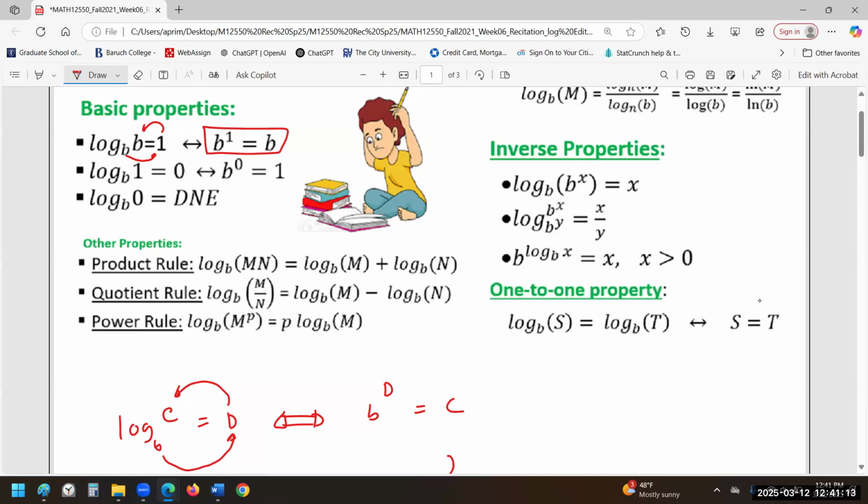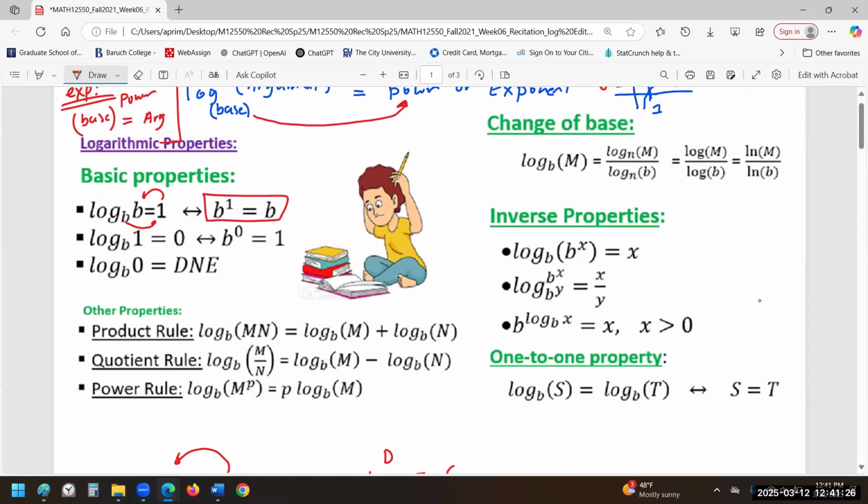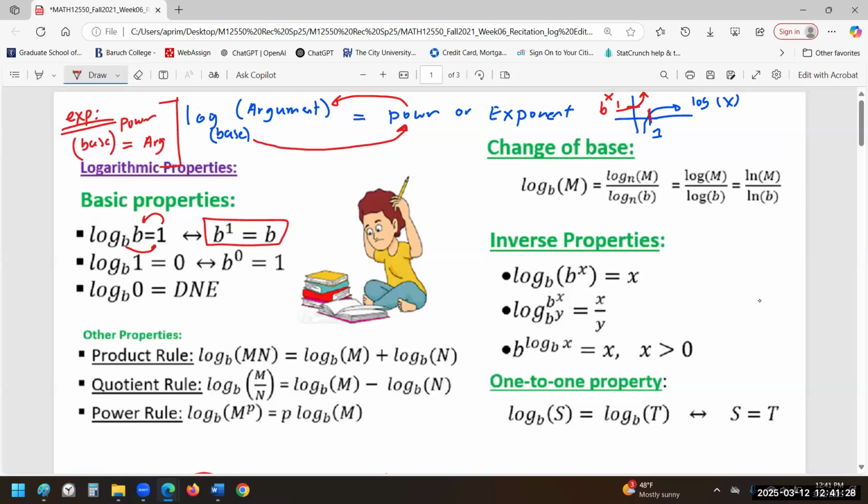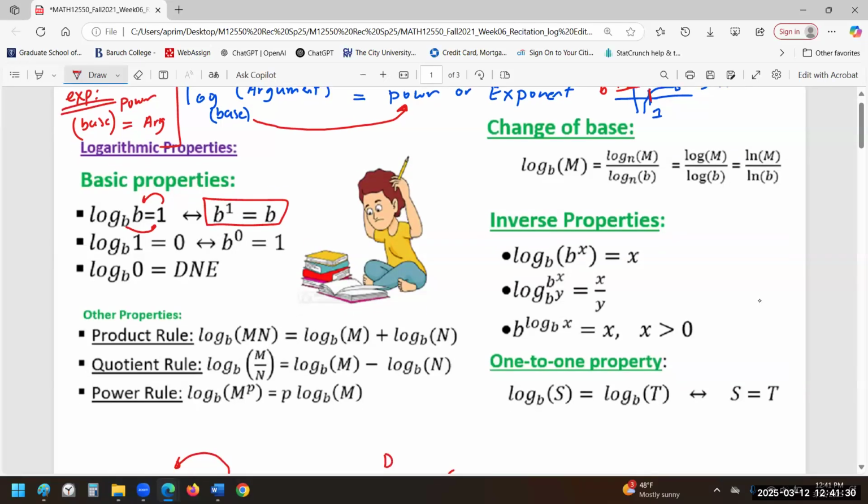And then if you have log of 1, it means your x value is 1. So it doesn't matter what your base is, as long as your x is 1, your y value is always 1. Sorry, 0. That's because of the graph. When our x is 1, our y value is always 0. So this one is the next one. It says base doesn't matter for the log.